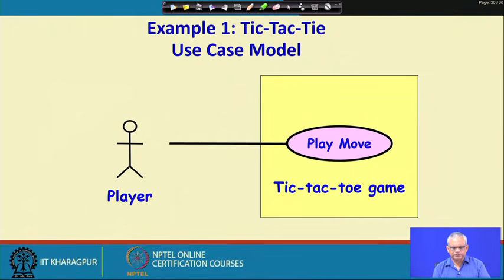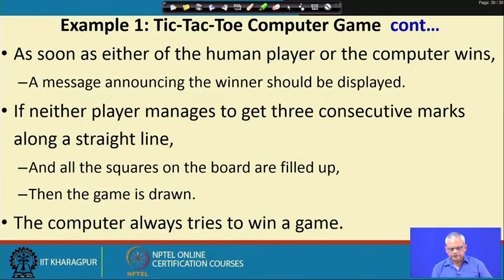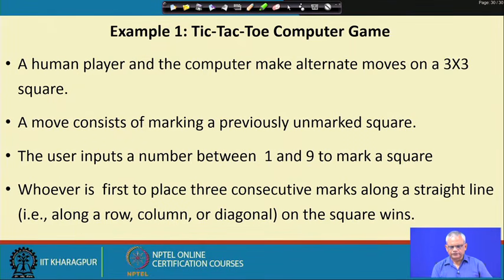Let us revisit the problem again. We need to do the noun analysis of this. And we can see here, we can eliminate mentally human player, computer, move, and then we can see the 3 by 3 square. Okay, possible. Move, okay, eliminate move also.